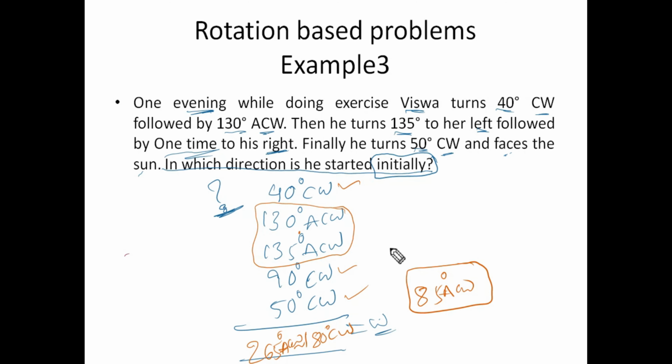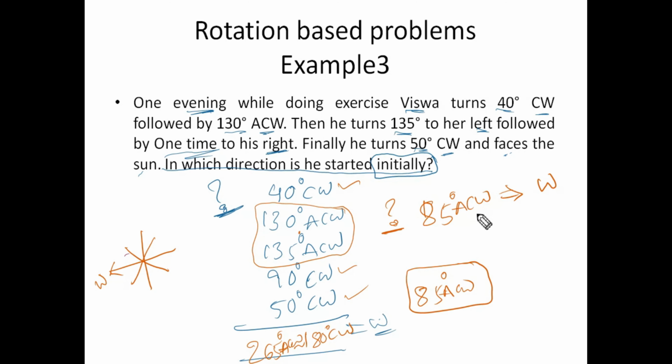So our question is: from where is 85 degrees anti-clockwise west? See the directions. This is west. We need to find which direction we start from.